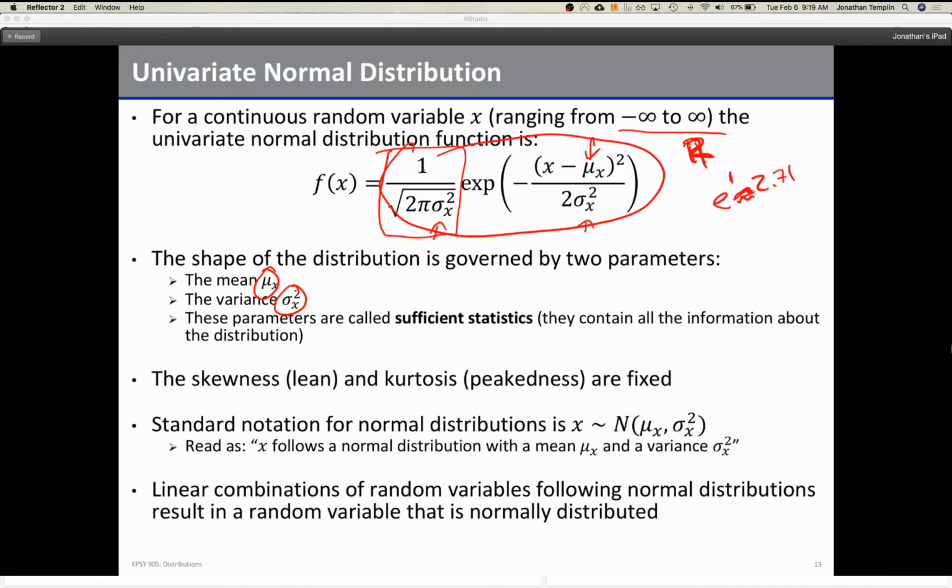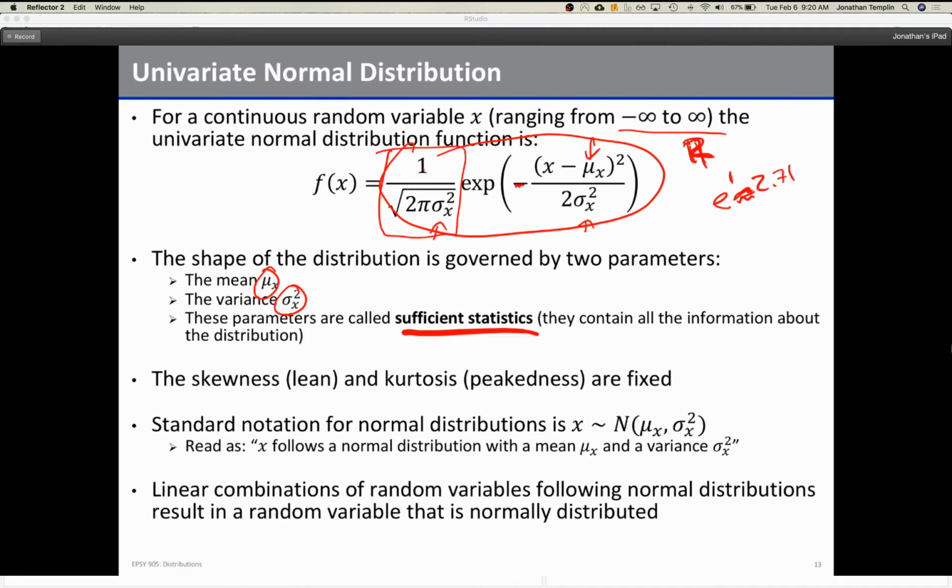This is x minus its mean, squared, over 2 sigma squared, and that whole quantity times -1. That's how it works in the exponent. Mu and sigma squared, if we have the sample values for them, are called sufficient statistics, in that if you have a random variable x that is truly normal, you can characterize all of its distribution using these 2 numbers, the mean and the variance.